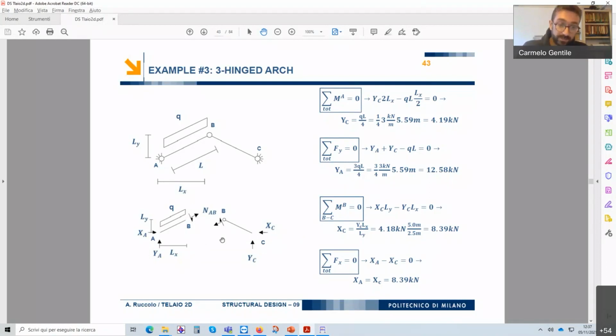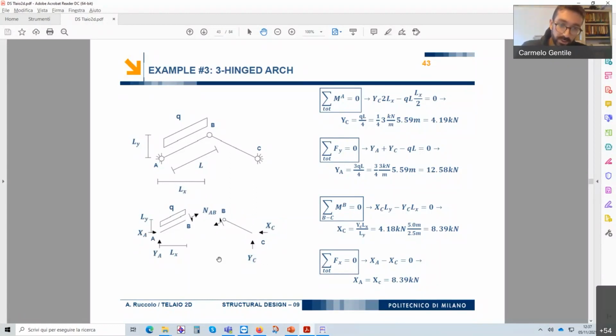Then, in order to find the values of Xa and Xc, we have to compute the bending moment of just one beam. In this case, we can use beam BC because we do not have the external load, so the equation will be simpler.